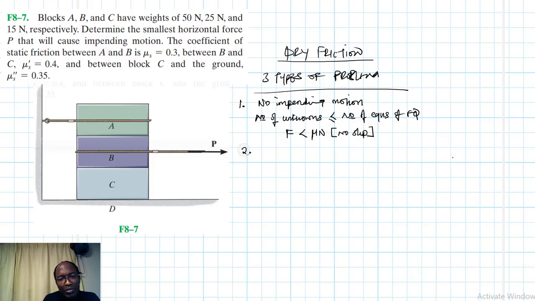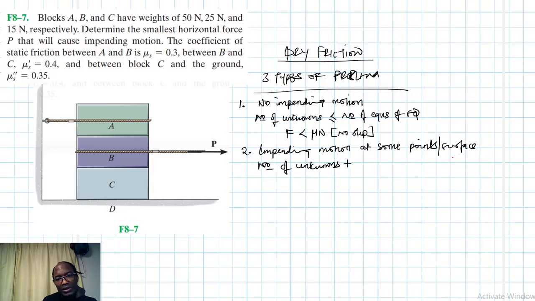The second type of problem is where we have impending motion at some points of contact, some contacting surfaces. In this particular case, the number of unknowns is greater than the number of equations of equilibrium.